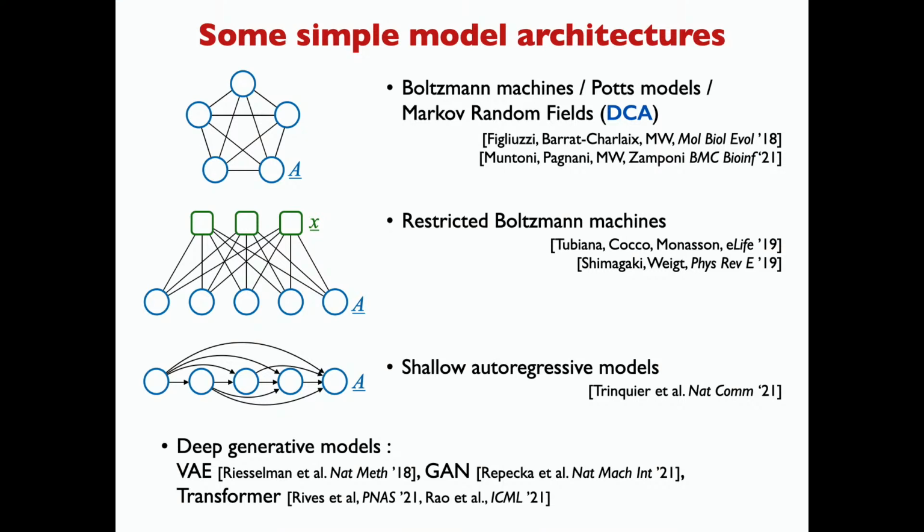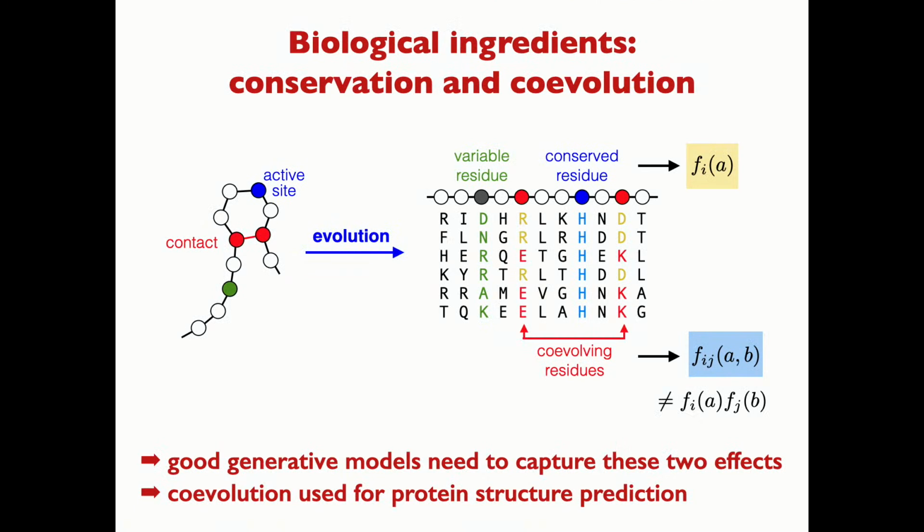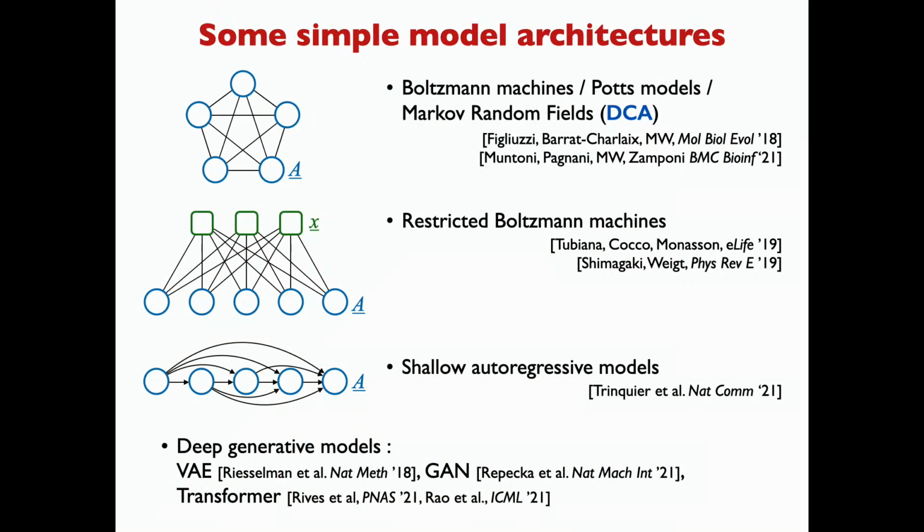Model architectures are frequently quite simple in our case. We used a lot of Boltzmann machines or Potts models or Markov random fields, where you don't have any latent variables, so you just try to reproduce these single-site statistics and the pair statistics. It's a sufficient statistic for this kind of model. We use restricted Boltzmann machines. We use some simple autoregressive models.